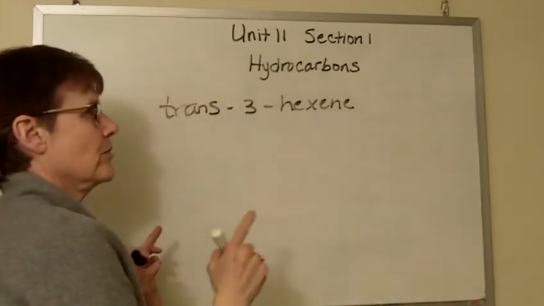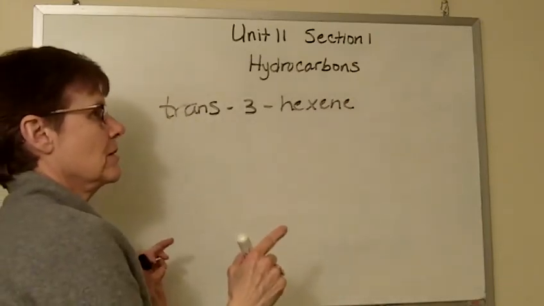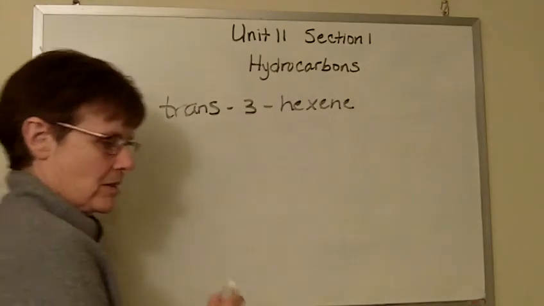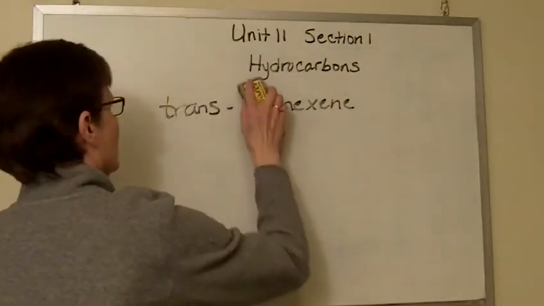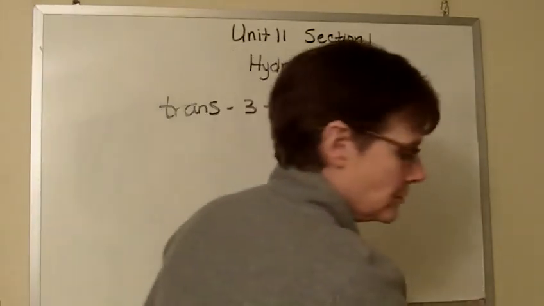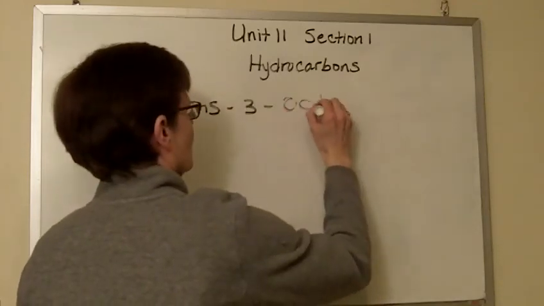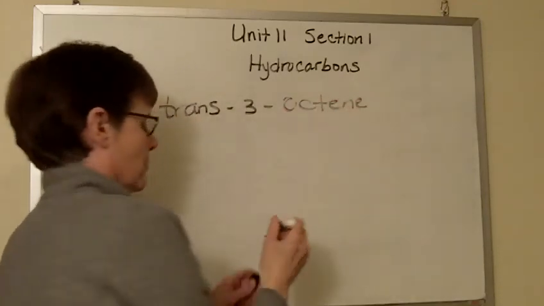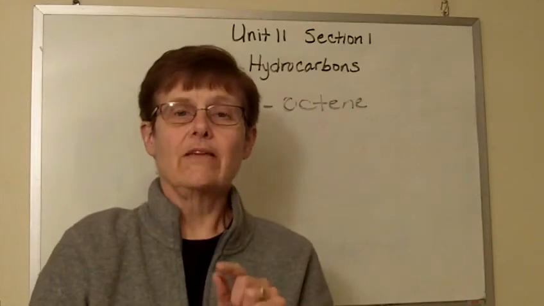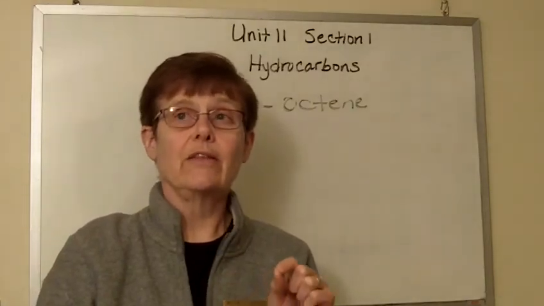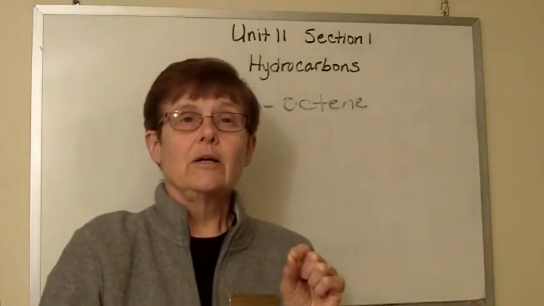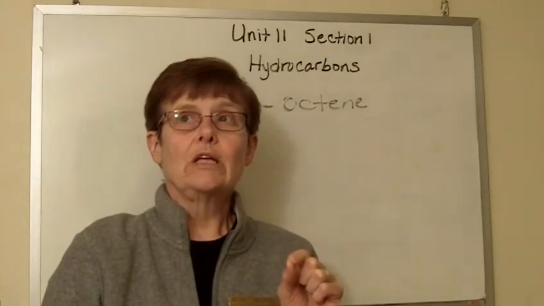Does that make sense? 1, 2, 3, 4, 5, 6. I'm not sure there is a trans 3-hexene. Let's make it a trans 3-octene. And the reason that I say that I'm not sure there is one is because I think 1, 2, 3.